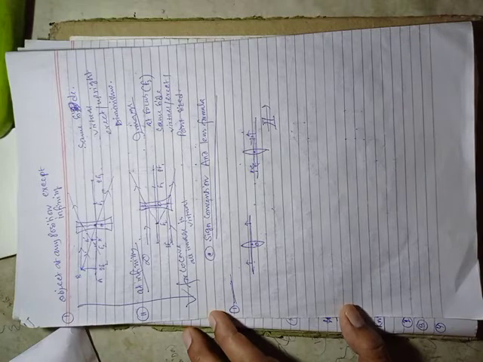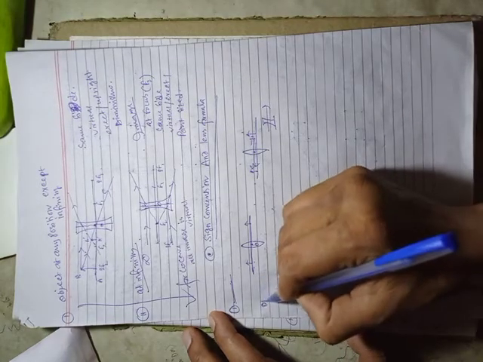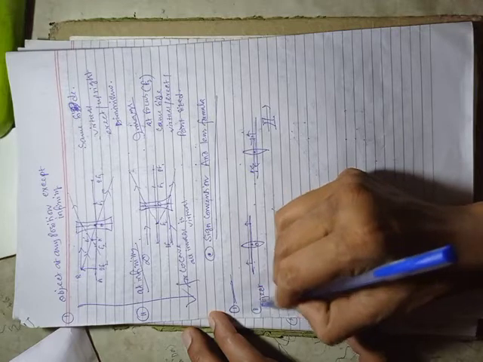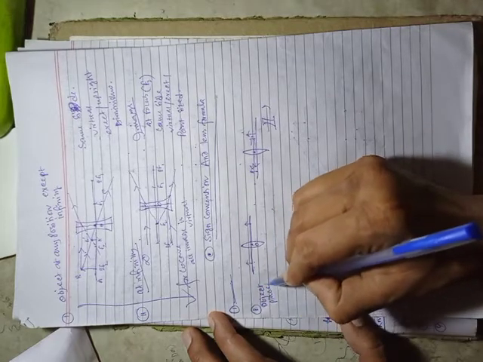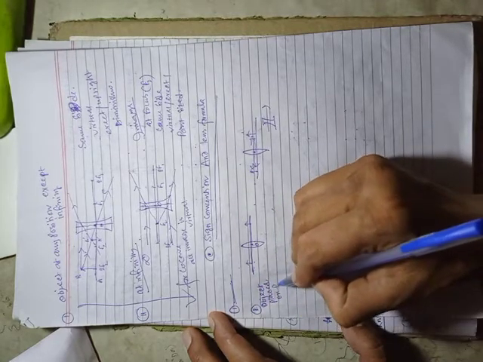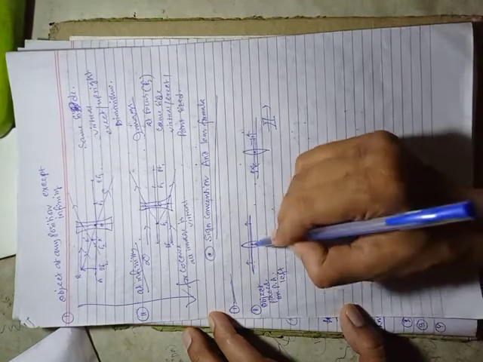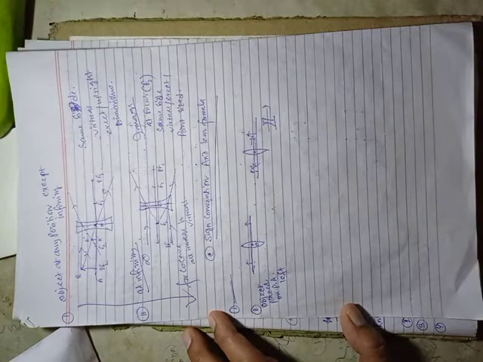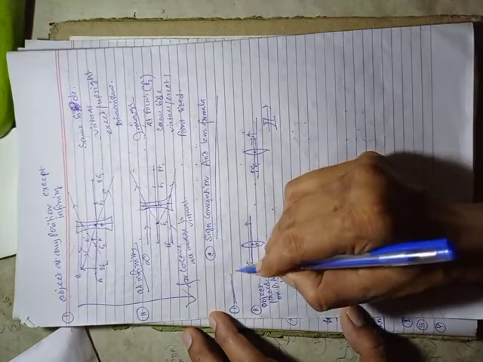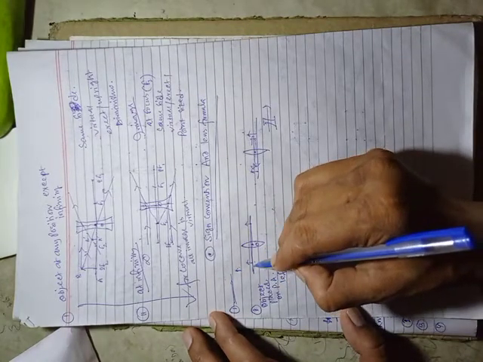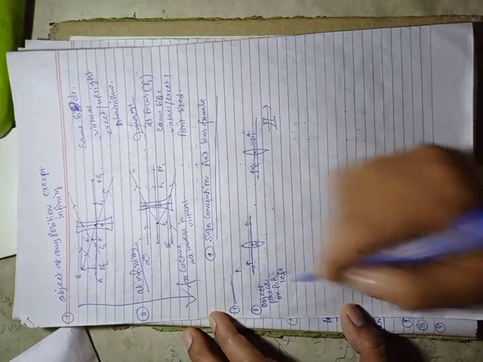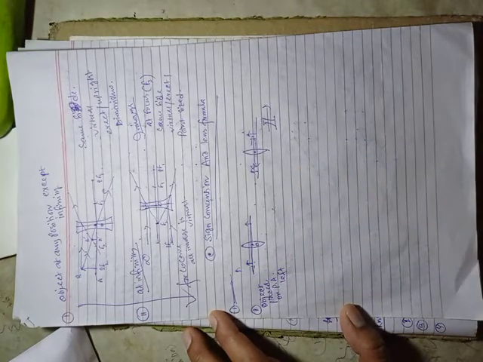Now the second point: the object is considered to be placed on the principal axis, to the left of the lens. Left side, and on the principal axis, not somewhere else.